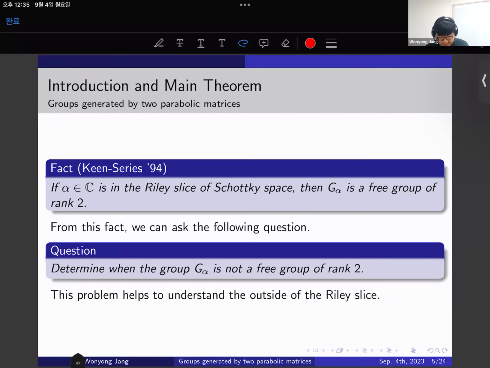So from this fact, we may wonder how to determine when the group G alpha is isomorphic to a free group. And one of the main purposes of this question is to understand the complement of the Riley slice.